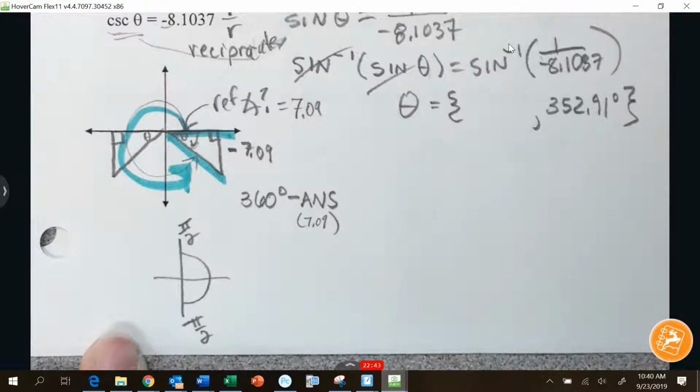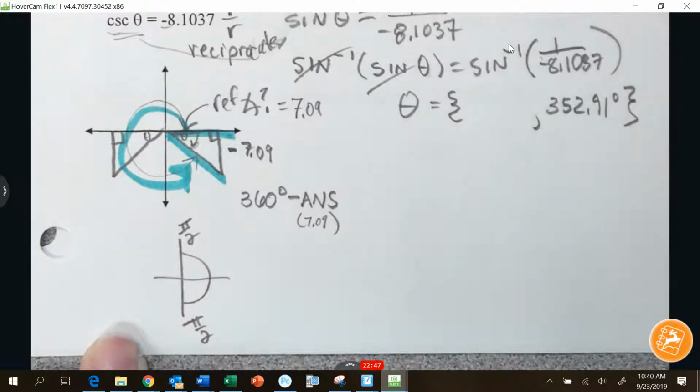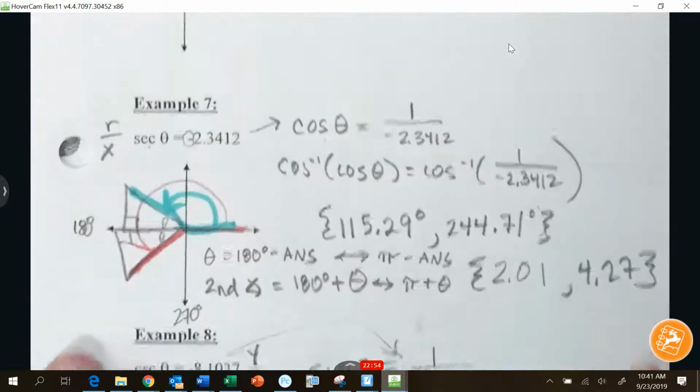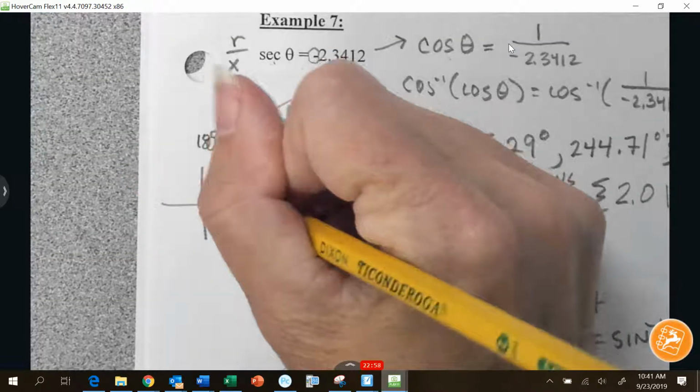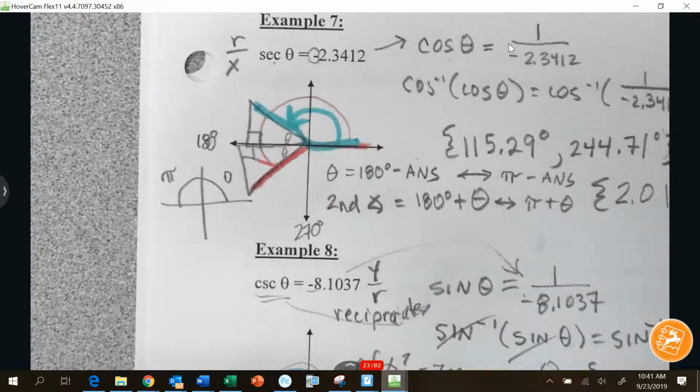So it doesn't give you the positive version. For cosine, it is programmed to give us one angle in quadrants 1 and 2, from 0 to pi. That's what it's programmed to do.